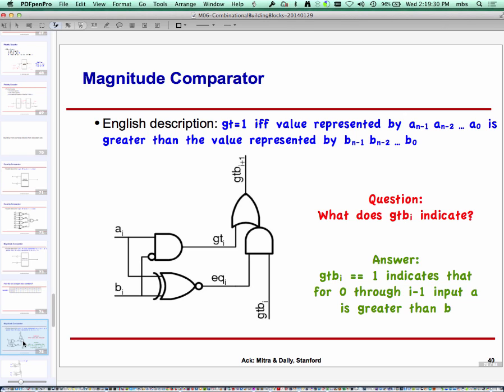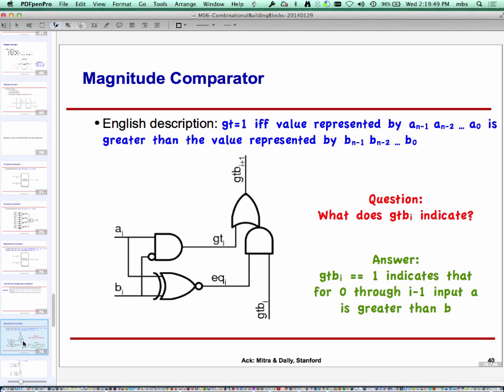The only difference is here we have to start from the left side, the more significant bits, right? They are the ones which first tell us. So we'll have some logic sitting in each bit position, and the higher bits are going to tell the lower bits whether there is a winner thus far.